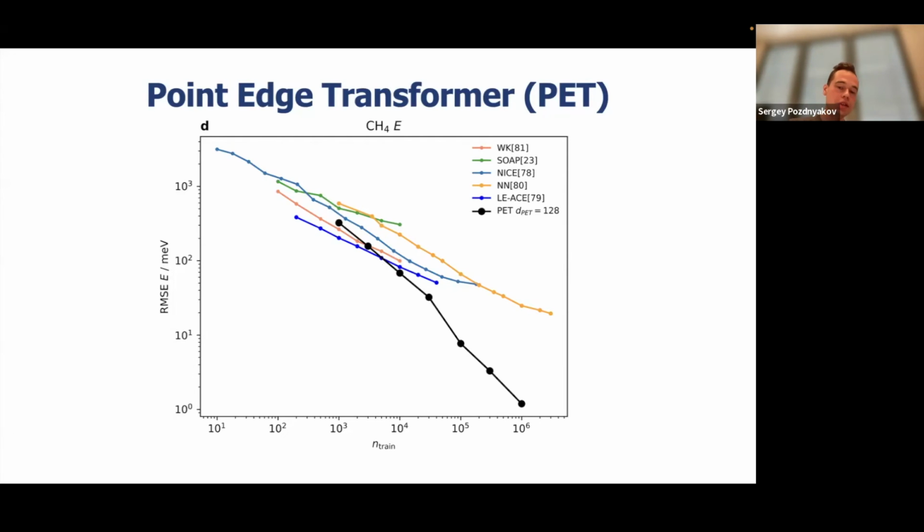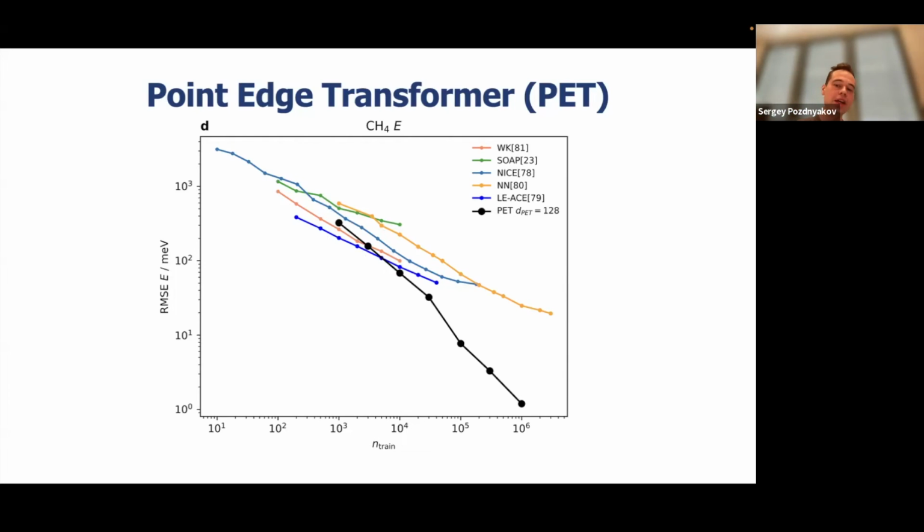And as you can see, our model not only outperforms all the other models in the data-rich regime, but it also improves faster with the increase of the number of training configurations compared to the other models. So the slope of our learning curves is better compared to the other models.